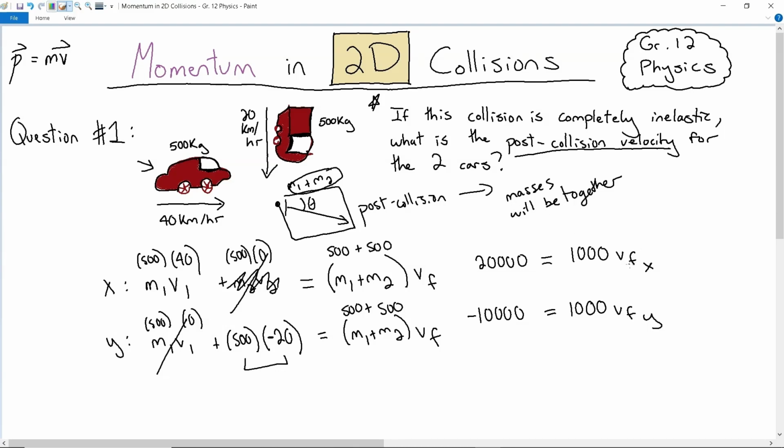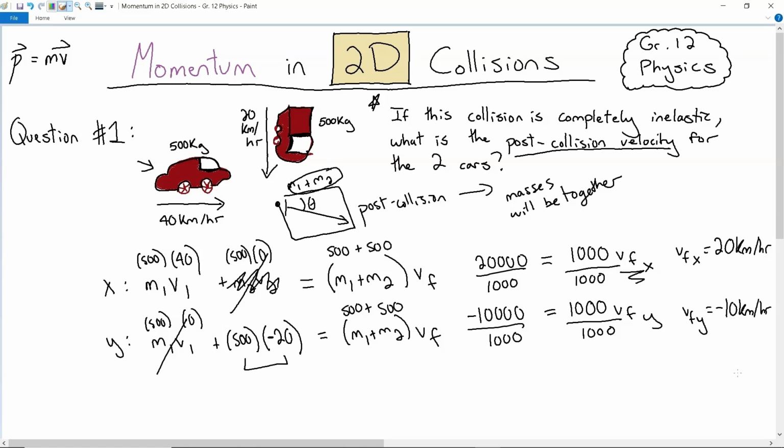All we got to do now is isolate for our variables. So in our first equation, we want to isolate for VFX. I'm going to divide 1,000 out onto both sides. And VFX equals 20 kilometers an hour. Going to do the same thing for Y. And we get a negative 10 kilometers per hour.